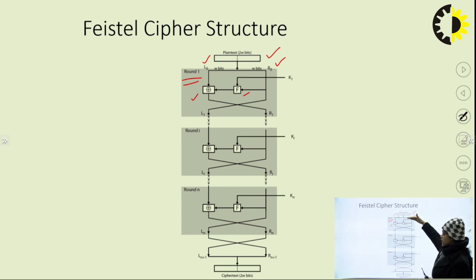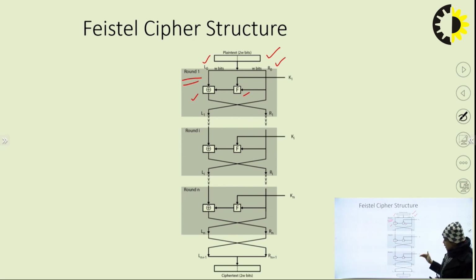So these bits are divided into two halves, left half and right half. The left half will go for the XOR along with the right half bits. These right half bits are not the actual bits, they are processed through this Feistel Cipher function. After performing this XOR, it will go to the next round, and the left half will become the right half, and the right half will become the left half.